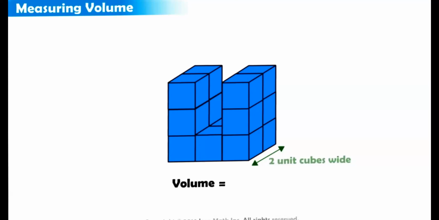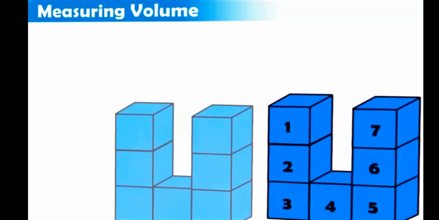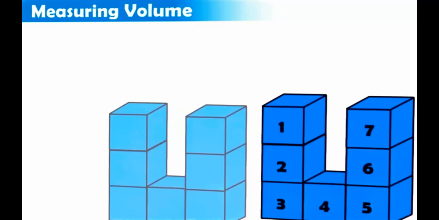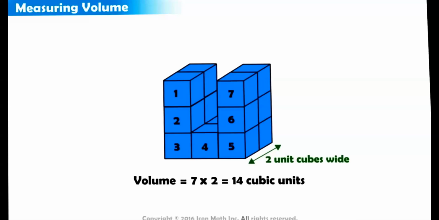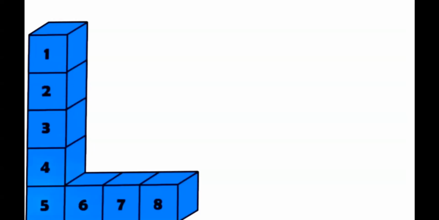So in this figure, we will count the first layer 1, 2, 3, 4, 5, 6, 7, and then multiply by 2, 7 2s are 14. So volume comes out to be 14 cubic units. Am I right? Yeah. So this was the concept taught to you, right?